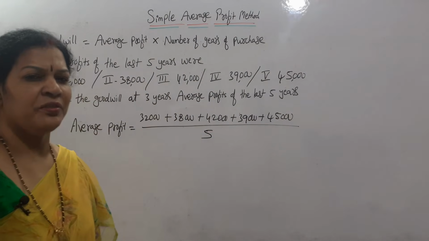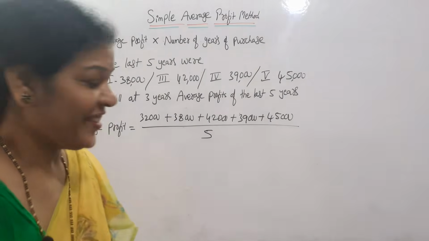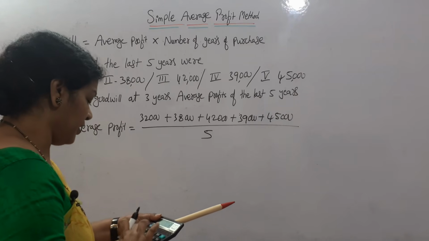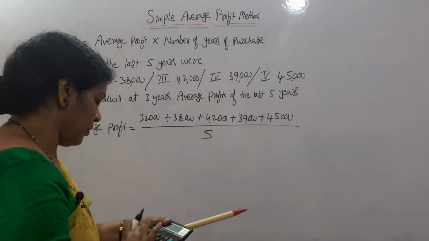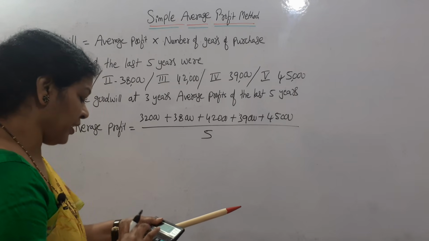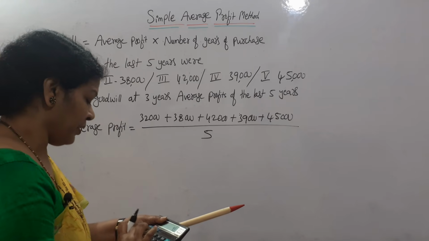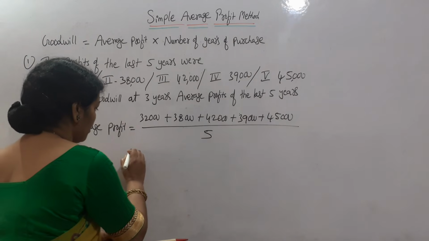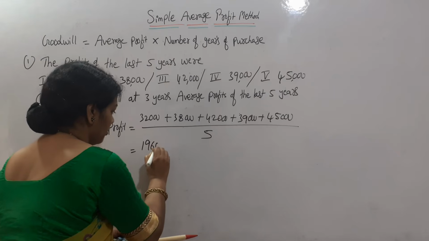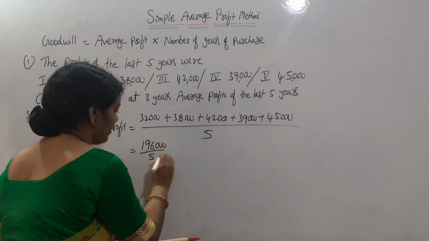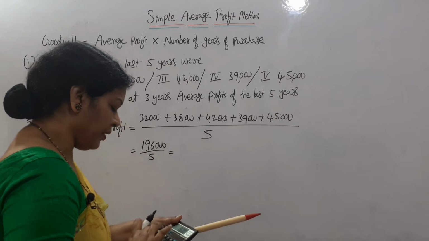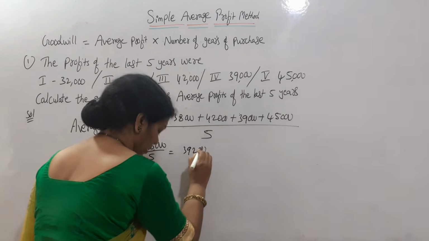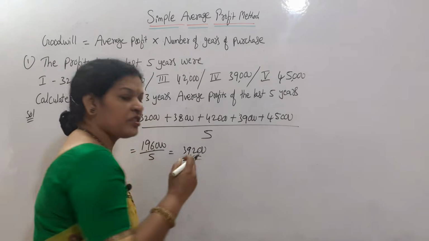You know that, even school students will tell the answer. So the total is 1,96,000. 1,96,000 divided by 5 is 39,200, the average profit. Step number 1 is over.